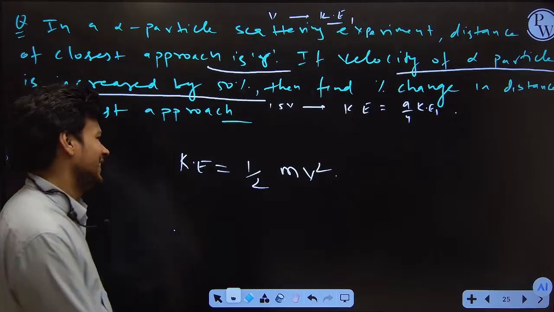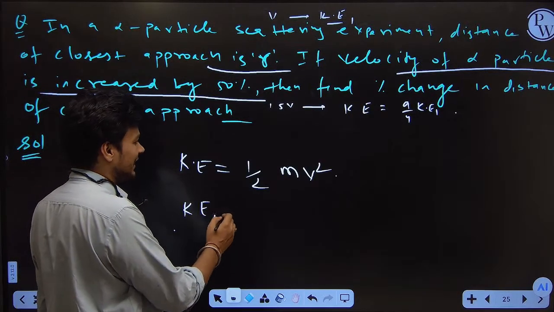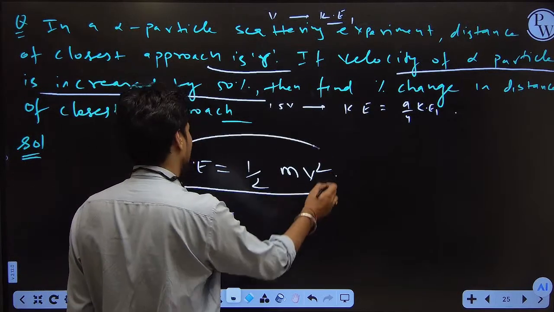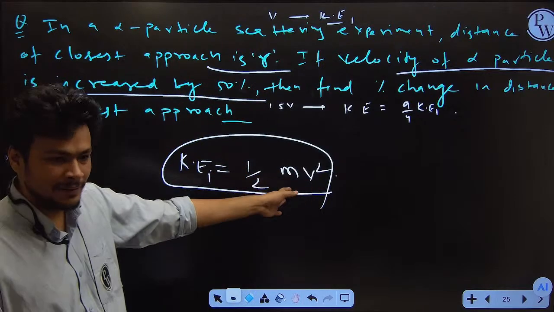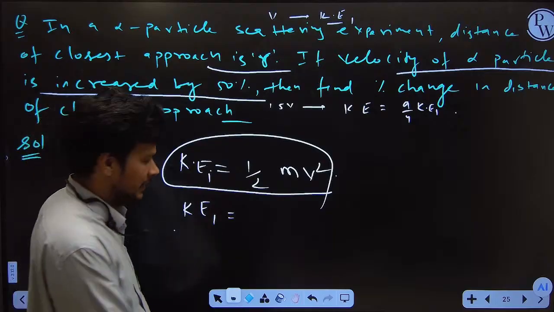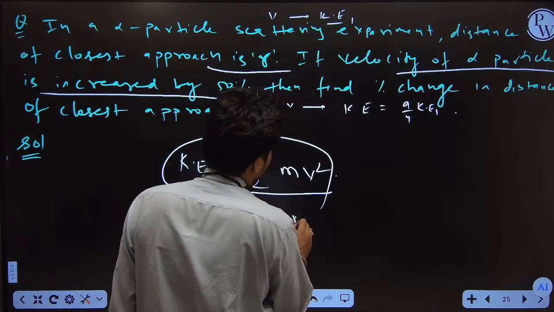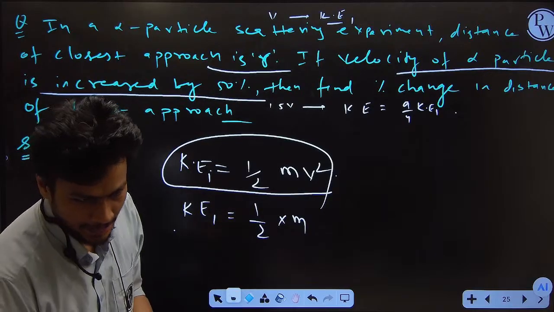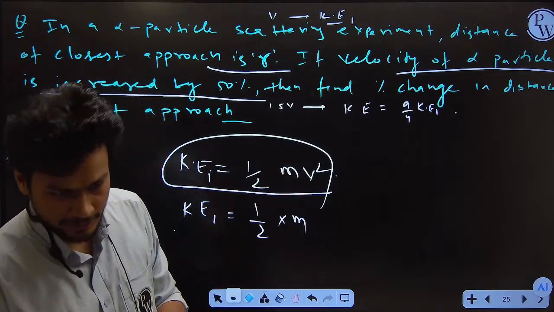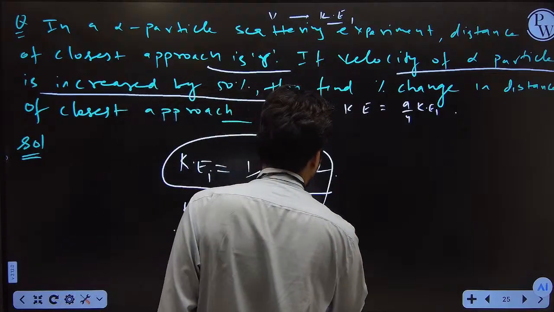So kinetic energy initial, if we say this is the initial value we are taking, this is v. Alpha particle is still alpha particle, mass is still the same. So this is half into m, and the velocity is increased by 50%. If this was v, now it is 1.5 times v, so this is 3 by 2 v square.